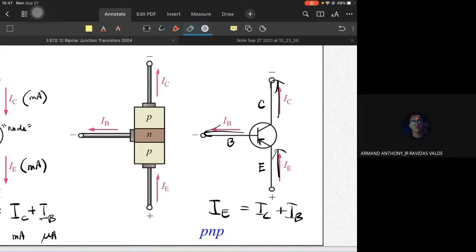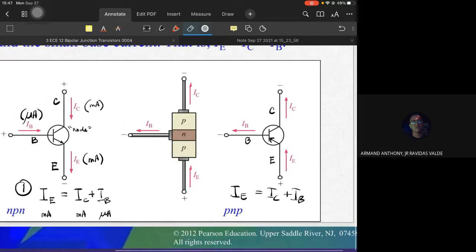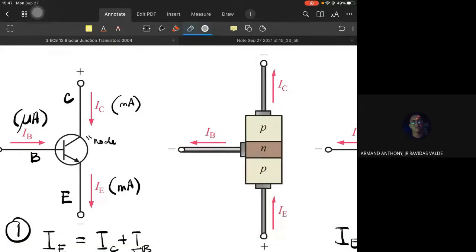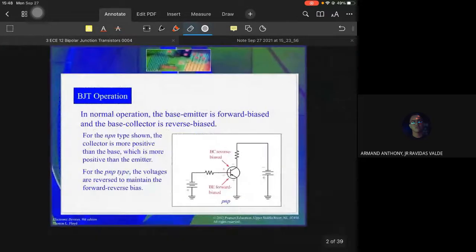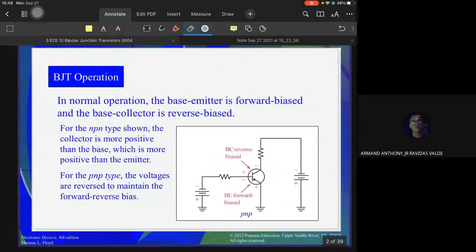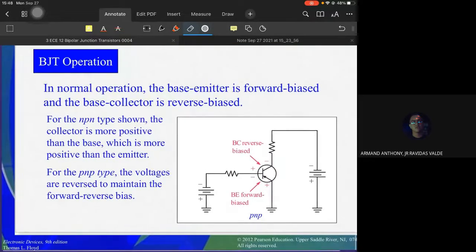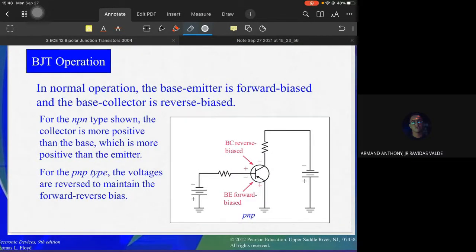Ma-learn na to soon ang theoretical analysis sa PNP ug NPN, unnoticeable na differences. In a normal operation, the base emitter is forward bias and the base collector is reverse bias.